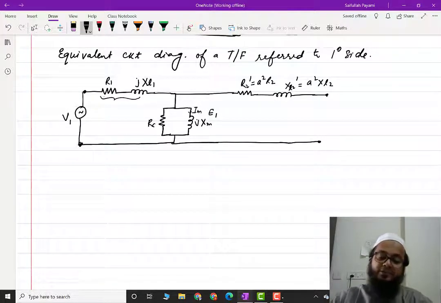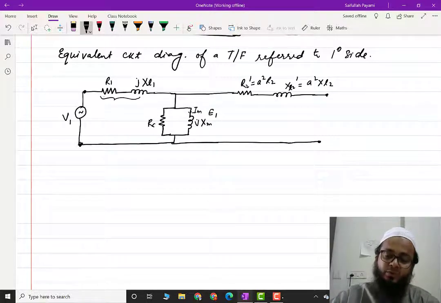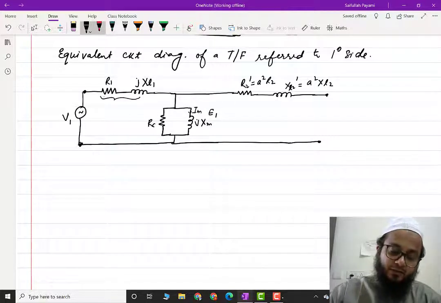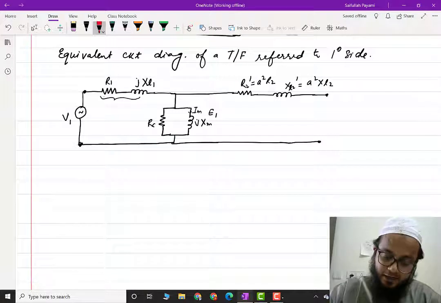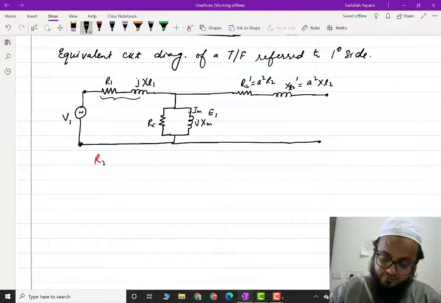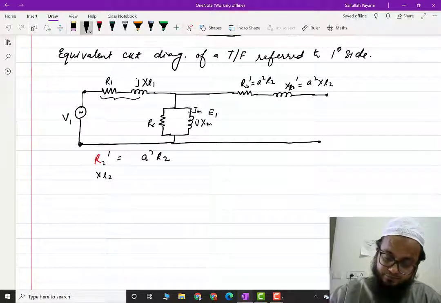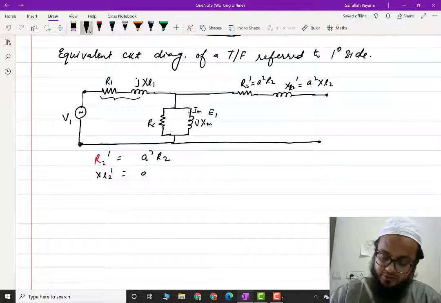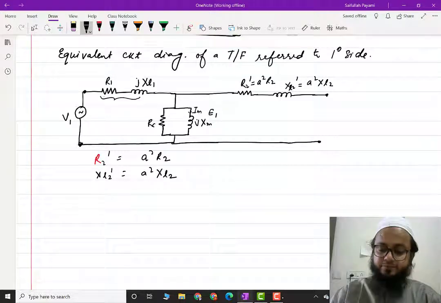Similarly, we can refer the equivalent circuit diagram towards the secondary side. So here R2 dash will be equal to A square times R2 and XL2 dash would be A square times XL2.